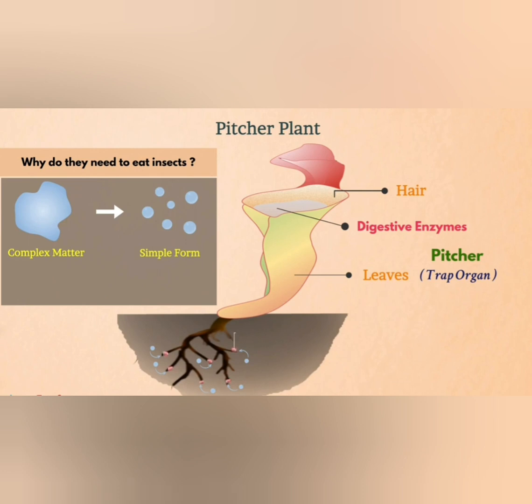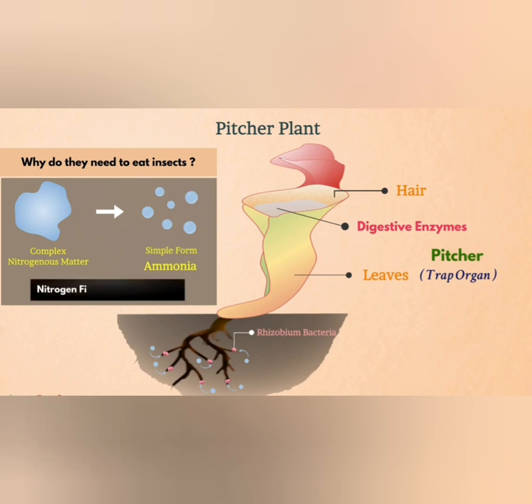You must be knowing that there are rhizobium bacteria in the roots, and because of this rhizobium bacteria, nitrogen fixation takes place. Nitrogen fixation is the conversion of complex nitrogenous matter to a simple form, that is ammonia. This is known as nitrogen fixation, and it is done by the rhizobium bacteria.